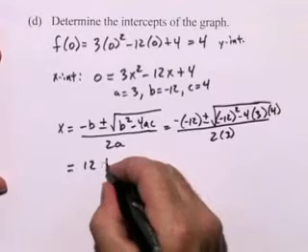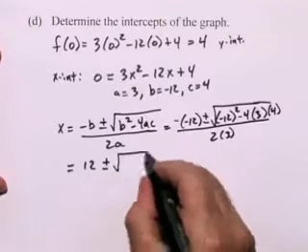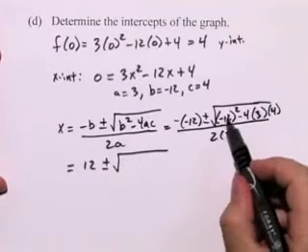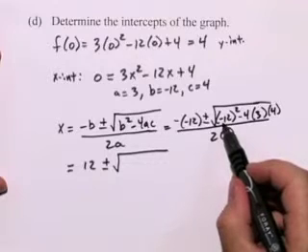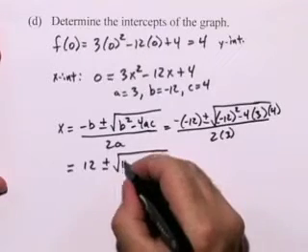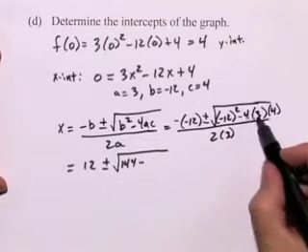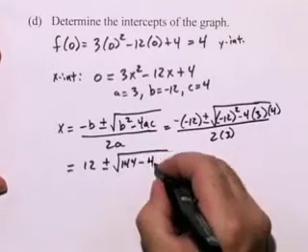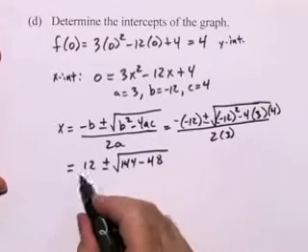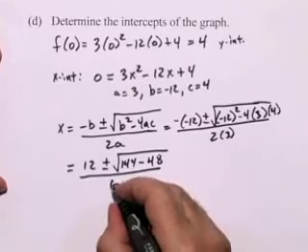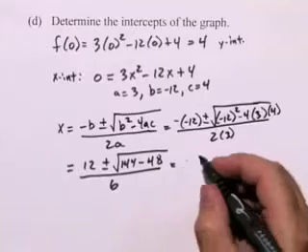So that gives us 12 plus or minus the square root of, now here we pay attention, we're squaring the negative 12, so that gives us a positive 144, then minus 4 times 3 is 12, 12 times 4 is 48, so we get 144 minus 48, all divided by 6.